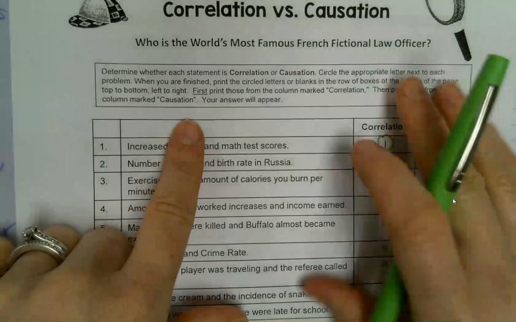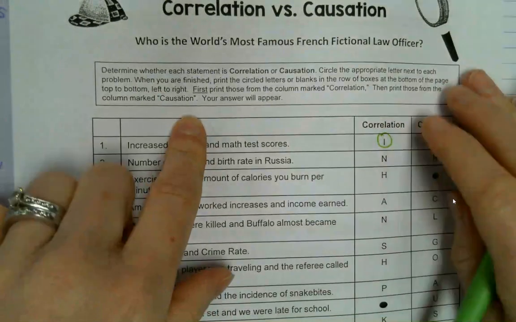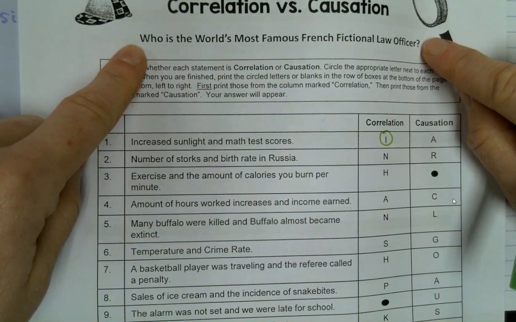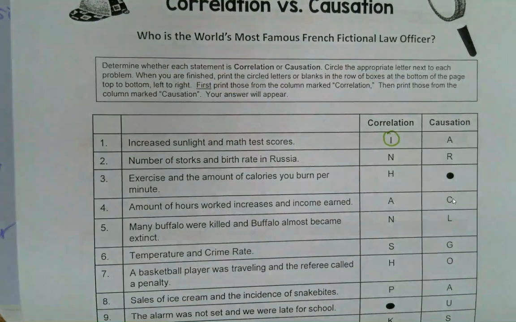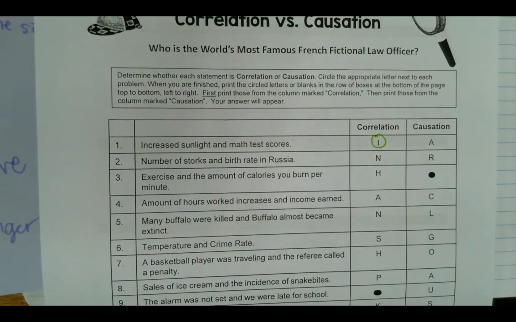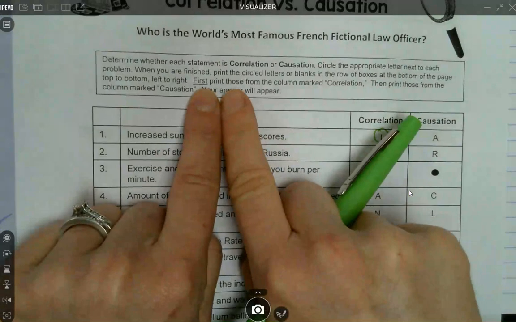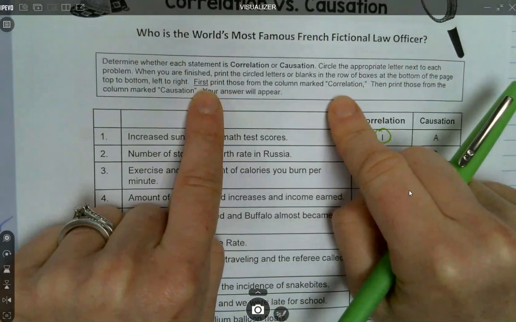Okay. At the end, once you answer these questions, you're going to see if you got the riddle right. It says, who is the world's most famous French fictional law officer? So once you finish answering these questions, what it says is print those from the column marked correlation down at the bottom.